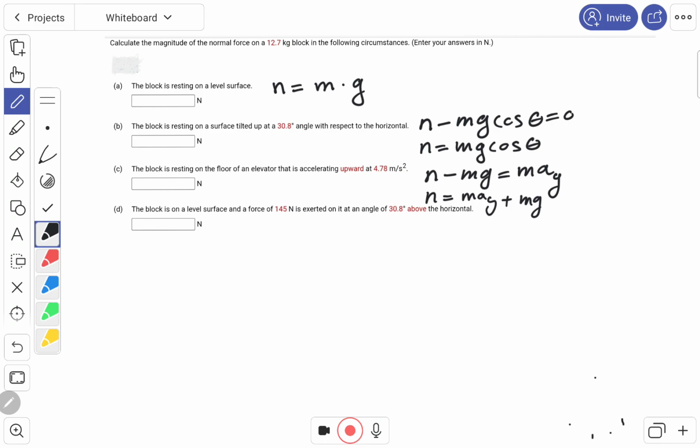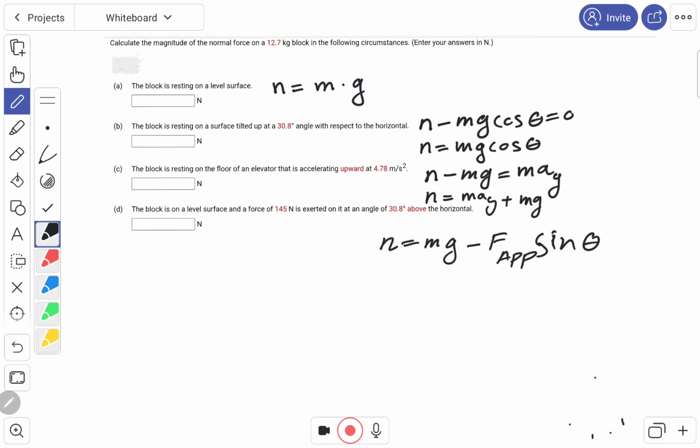So in this case, normal force equals mg minus applied force times sine of theta. So we can just plug in the numbers and solve for the magnitude of the normal force in each case.